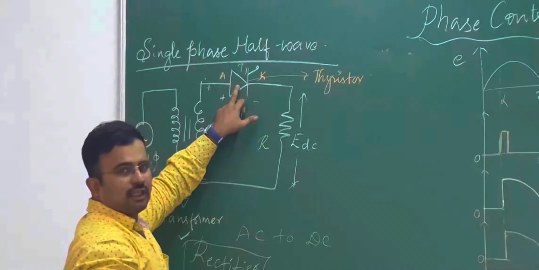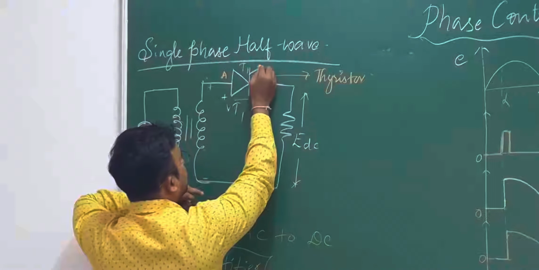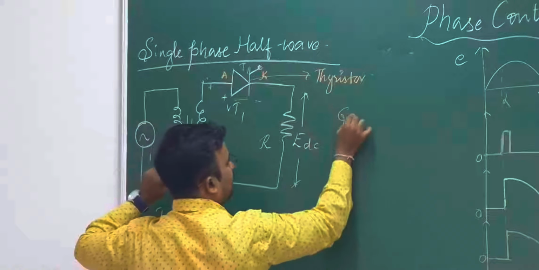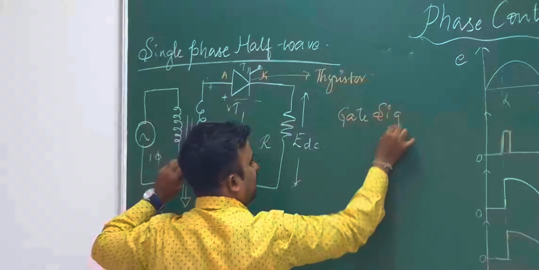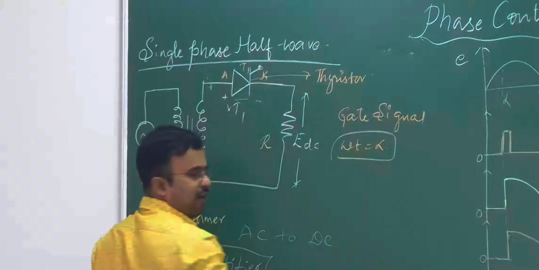Even though the thyristor is forward biased, it requires a signal called a gate signal. The gate signal is applied at omega t equal to alpha. This is a firing pulse.